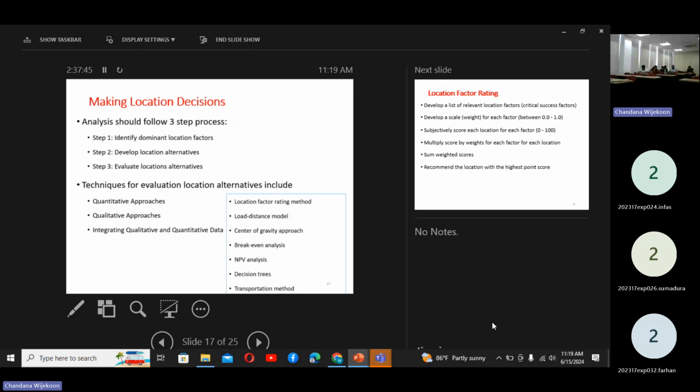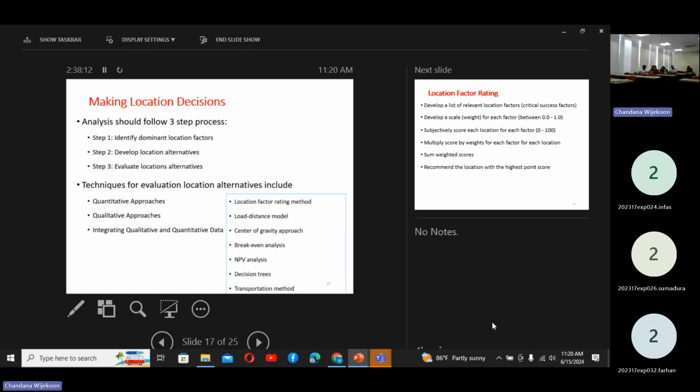So the population density, is that important? Yes. So the density of the drawing area, the customer drawing area for that particular location. Is that a cost factor or a revenue factor? Revenue, yes. The higher the density, the higher the revenue we can expect.